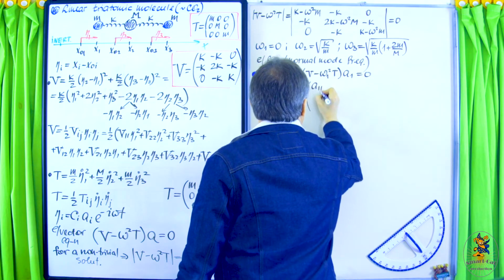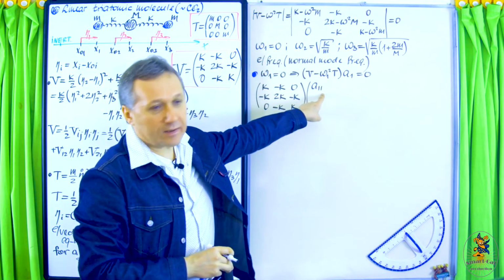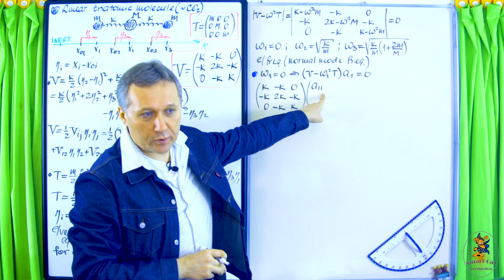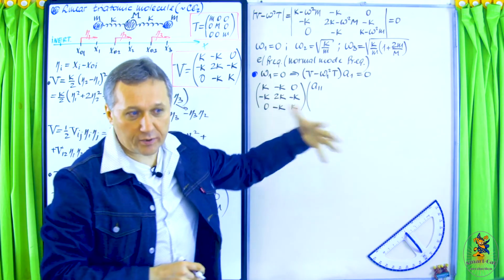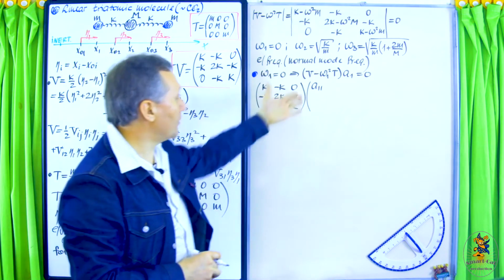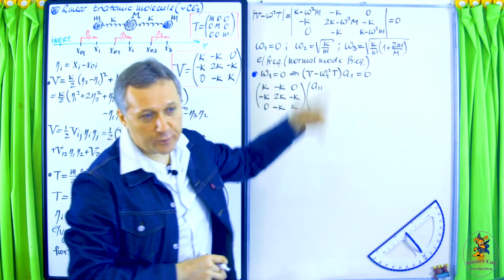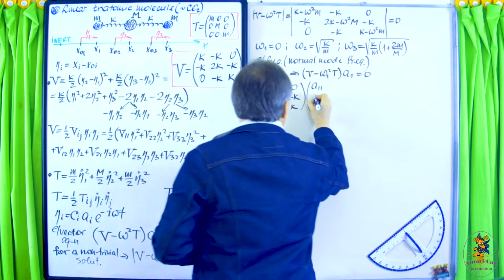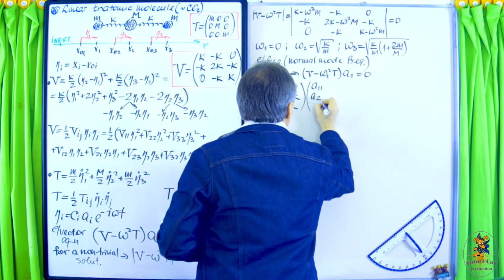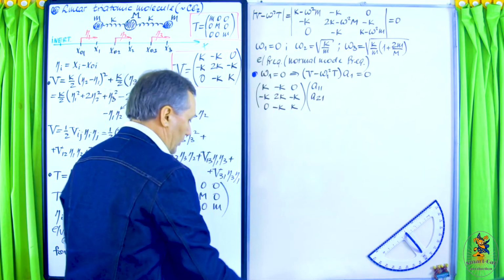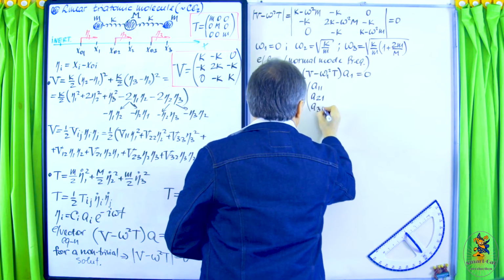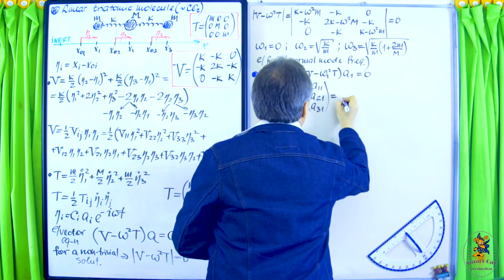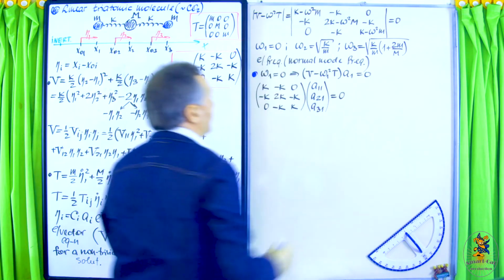You remember a11. The second index tells us about the mode, so this is mode number 1. The first index tells us that this is particle number 1, the amplitude of particle number 1 in the first normal mode. Now the second particle, amplitude of particle 2 in the first normal mode. And then, of course, the amplitude of particle number 3 in the first normal mode, and it must be equal to 0.